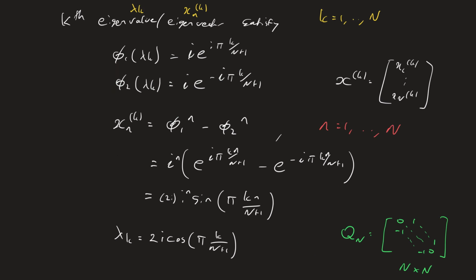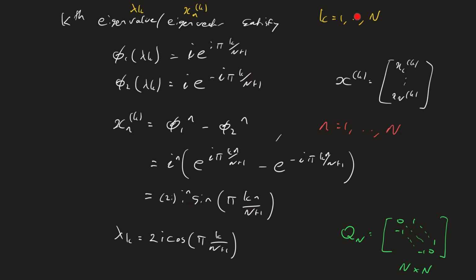To summarize, for the matrix Qn, which is an n by n matrix with 1 along its superdiagonal and negative 1 along its subdiagonal and zeros everywhere else, we have found all its eigenvalues and corresponding eigenvectors.